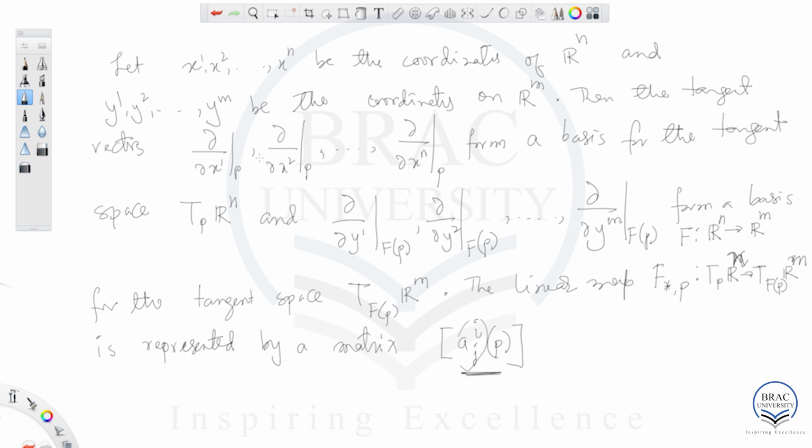So this linear map is represented by a matrix relative to these two bases as follows: f star comma p acting on del by del x j at p.